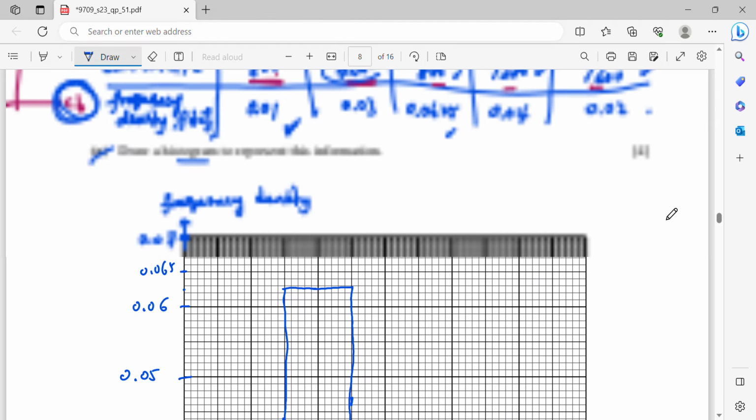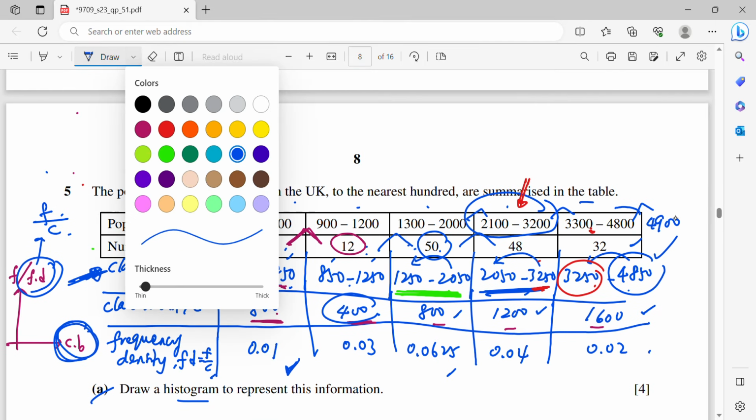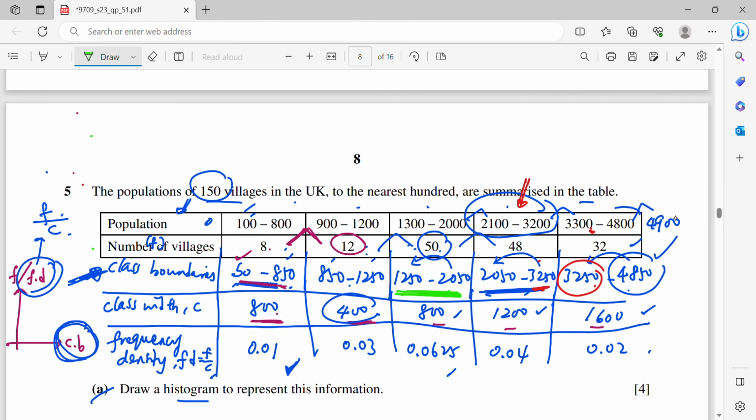So from here, 1250 to 2050, I need to take the smallest. So I have to minus 1250, because 1250 will be in both. It can be in the second class or in the third class.